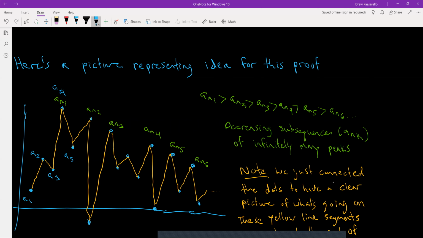And these values that I have in green, this A_{n1}, this A_{n2}, A_{n3}, A_{n4}, A_{n5}, A_{n6}, I'm pulling those particular terms out of the sequence. And notice these are high points on the graph. So these are called peaks. So these are the peaks.